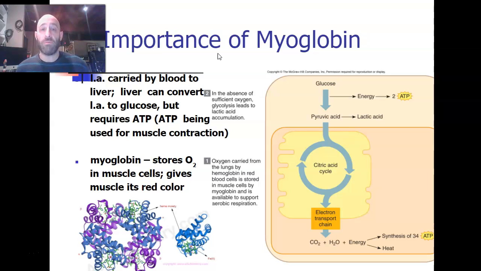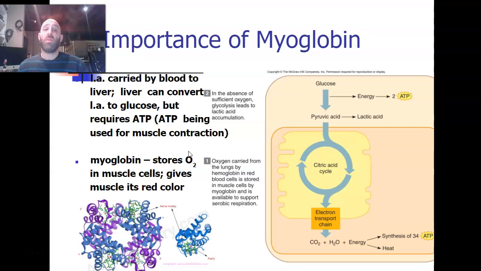So if you've ever worked out before and you've done a lot of reps and you feel a burning sensation in your muscle, what that means is you've used up all the available oxygen in the muscle and you've now switched to lactic acid fermentation. And that is available to you. But before that happens, that's where myoglobin comes in. So myoglobin is there to provide some extra oxygen to allow this process to occur. So it just gives your cells a little more oxygen to go through the process of cell respiration and keep your body running.